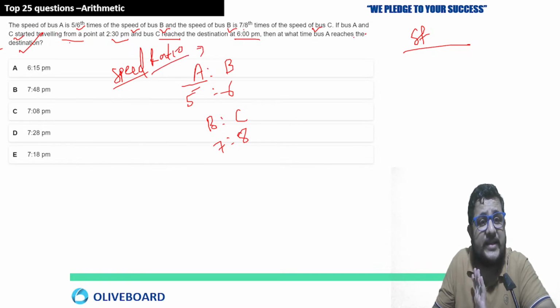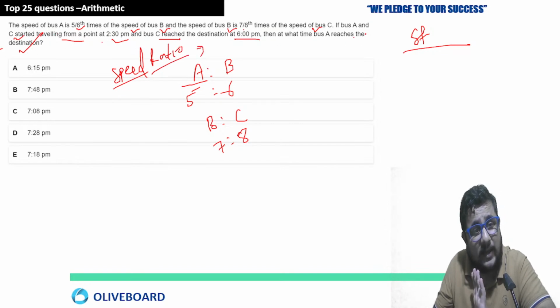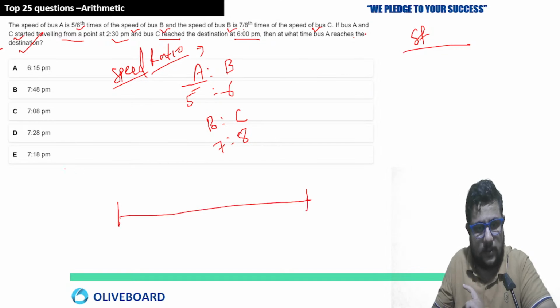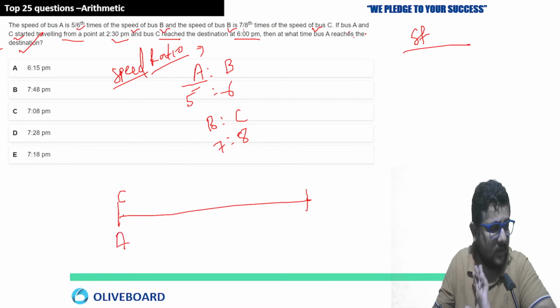If bus A and C start traveling from a point at 2:30 p.m. Now they are talking about bus C, which started from somewhere and reached the destination at 6 p.m. So A and C both started from this point.